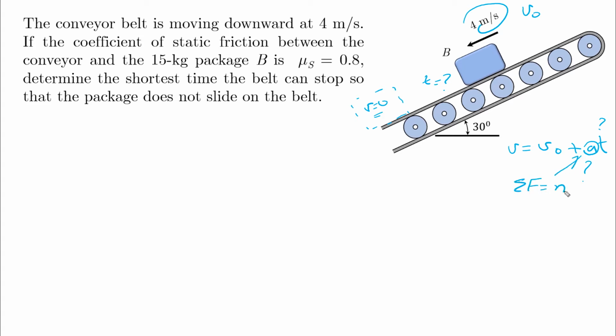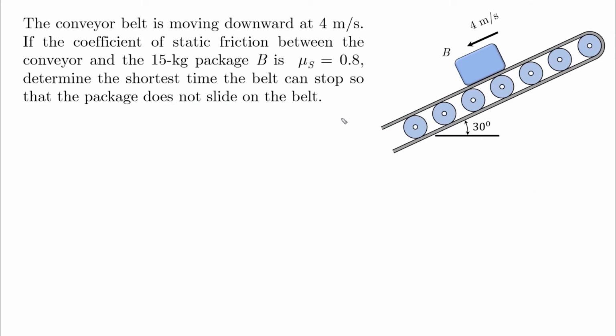Now, let's read one more time so we can get the key to solve this problem. Determine the shortest time the belt can stop so that the package does not slide on the belt. So let's look at this from a physical point of view.